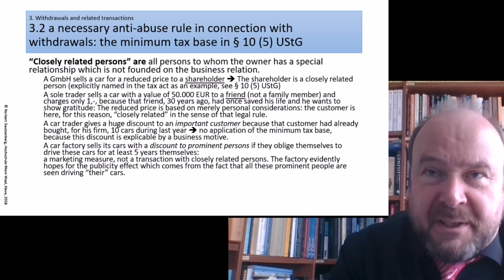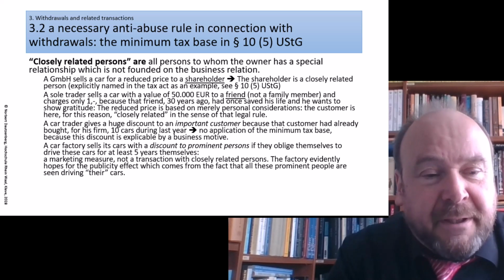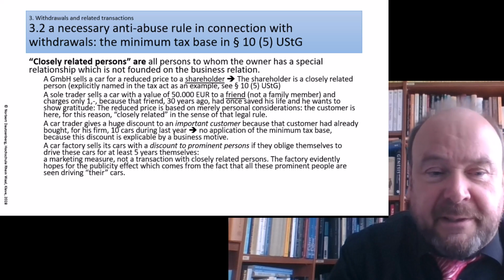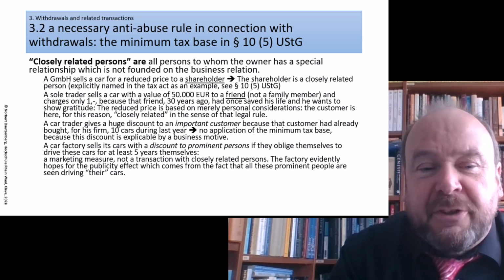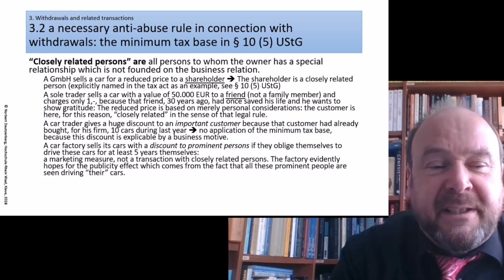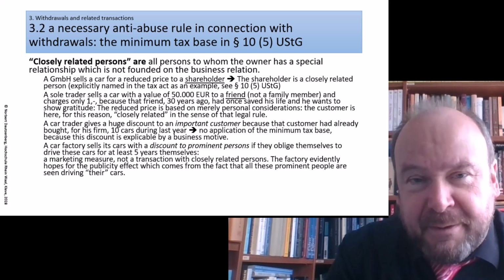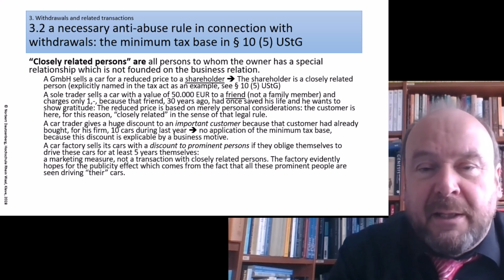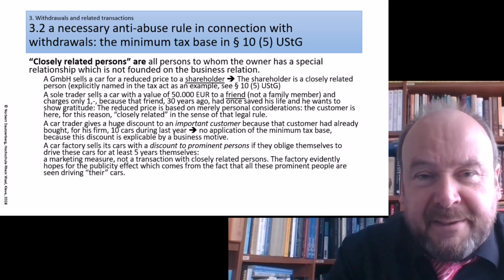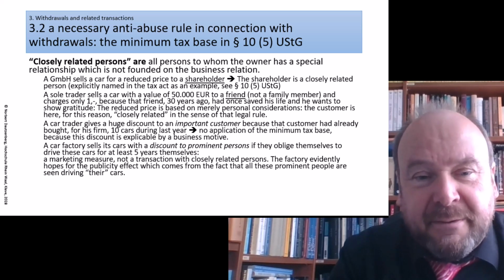However, what happens if we have market conform behavior? You are a car trader again and you think you give a huge discount to an important customer, because that customer has already bought for his firm 10 cars during last year, and so you want to show some gratitude. In that case, the price deviation downwards is here motivated by business considerations.